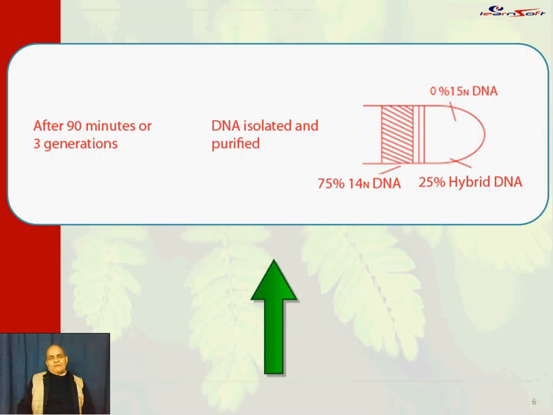Here you must have observed that at subsequent generations, if you collect the DNA, you will find a proportionate increase of 14N DNA and a proportionate decrease of hybrid DNA. And through this, they succeeded in establishing that the DNA replicates in a semi-conservative method.